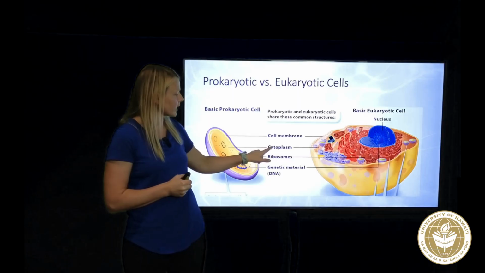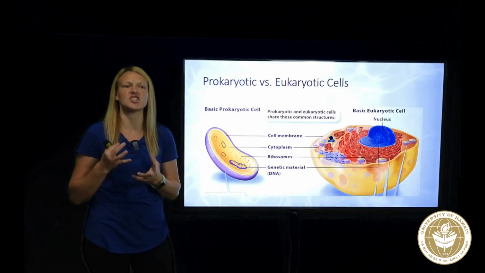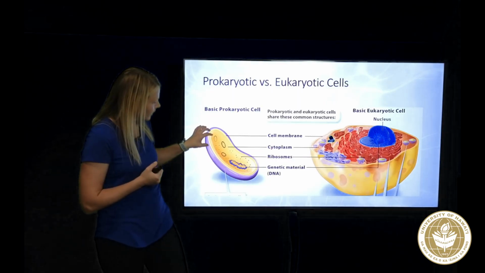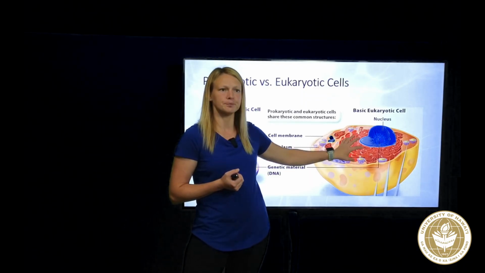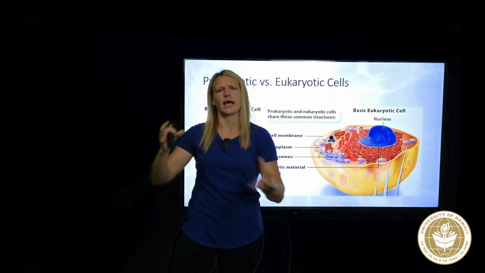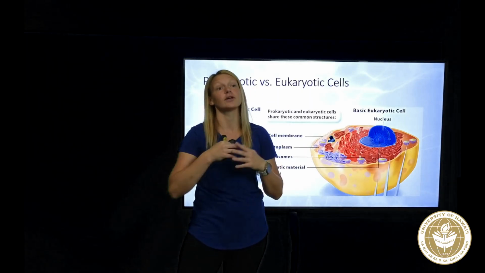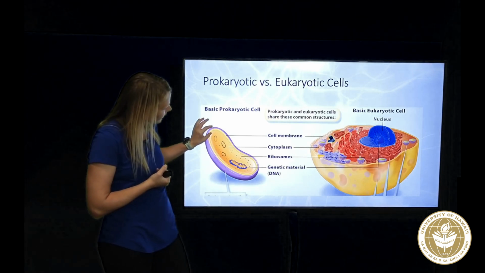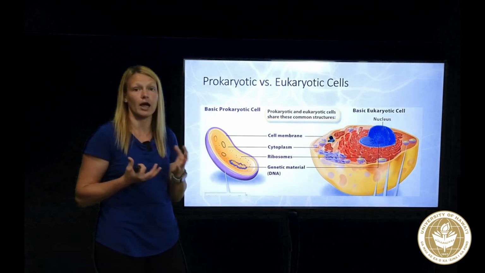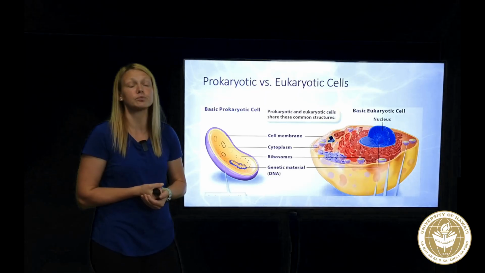They both are going to have cytoplasm. Cytoplasm is just kind of a gelatinous, kind of aqueous material that's inside of that cell. Kind of floats around inside, and all the organelles, or in the case of your prokaryotic cells that don't have organelles, just all the structures are kind of floating around inside of that cytoplasm.